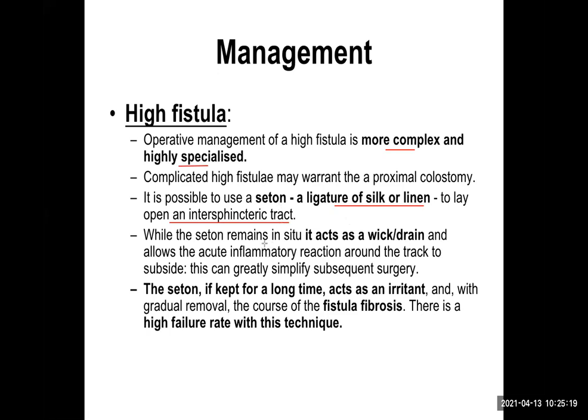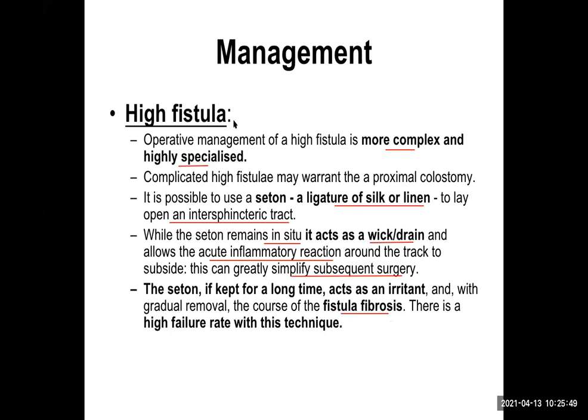This seton remains in situ and it acts as a wick or drain, and it also allows the acute inflammatory reaction to occur around the tract. This simplifies the subsequent surgery, or if it is kept for a longer time, because of the chronic inflammation, it can also result in fistula fibrosis and obliteration of the fistula.